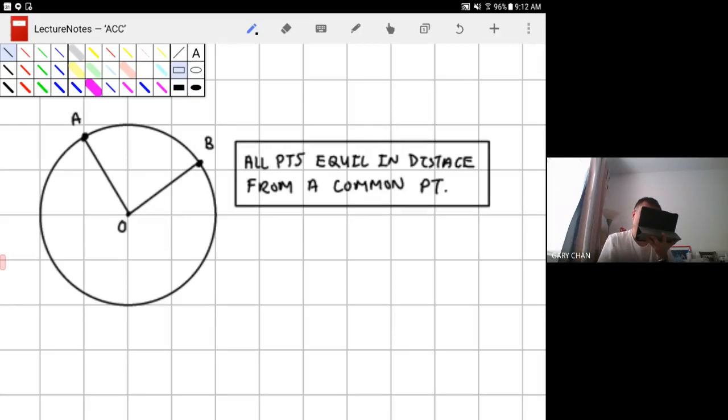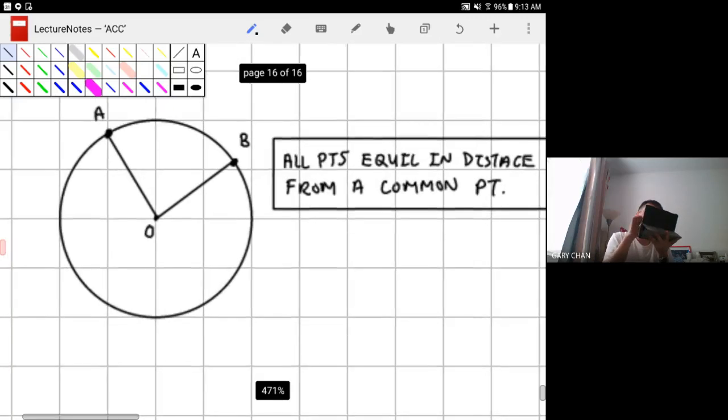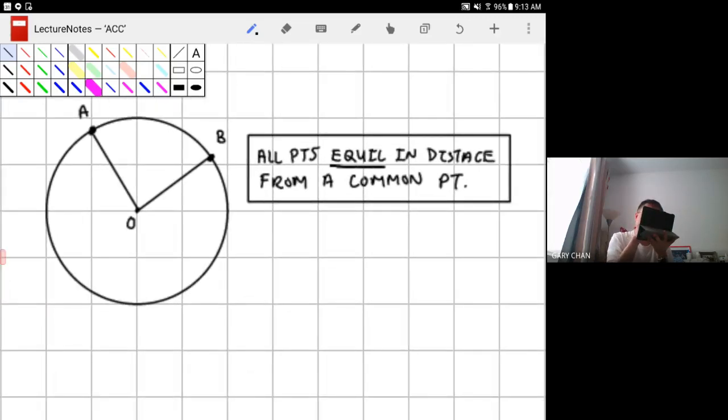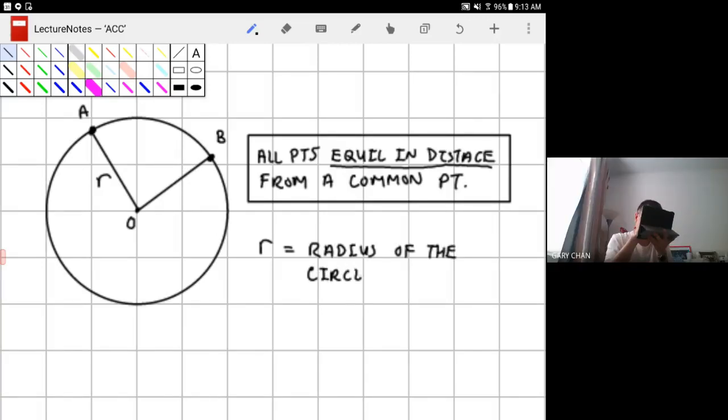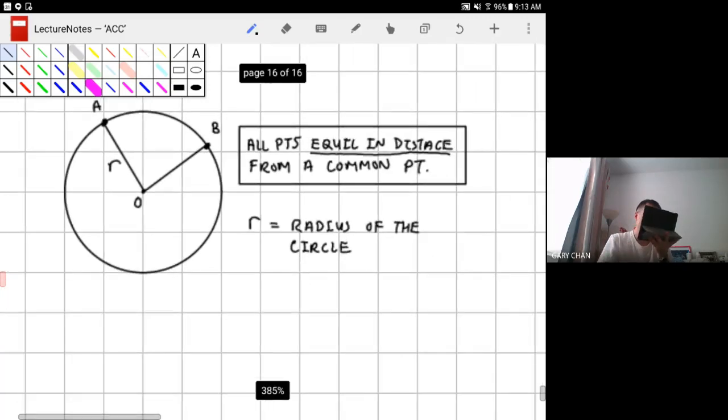The only thing that satisfies this description is a circle, because all the points that are here are going to be equal in distance. There's a name for this equal distance: we call that r. So r here is the radius of the circle, and you know this. You walked into office hours today already knowing that fact.